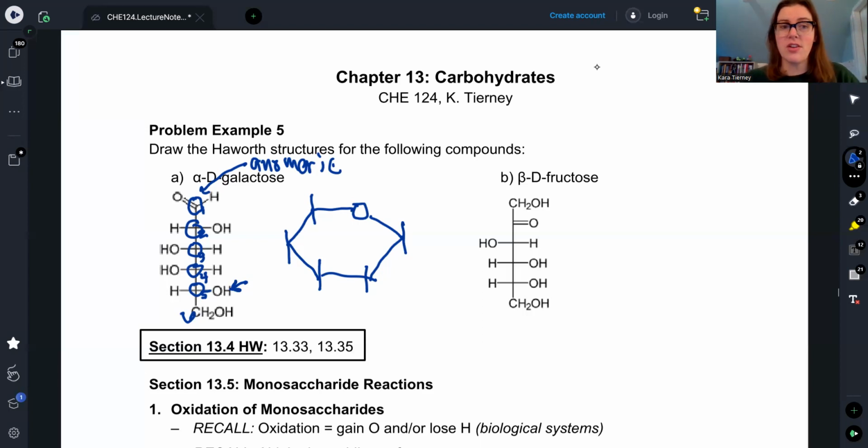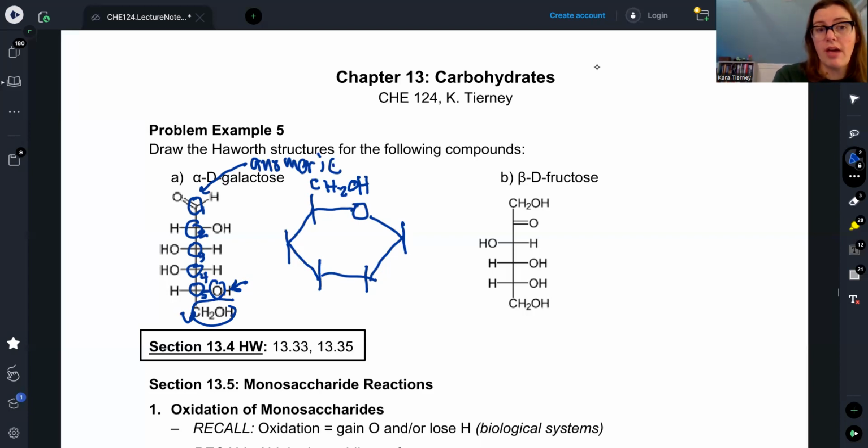I like to start from the bottom of my Fischer projection, because when we have a D monosaccharide, the CH2OH is always going to end up on top of the carbon directly to the left, or counterclockwise, from the oxygen. This O is the oxygen in the ring.